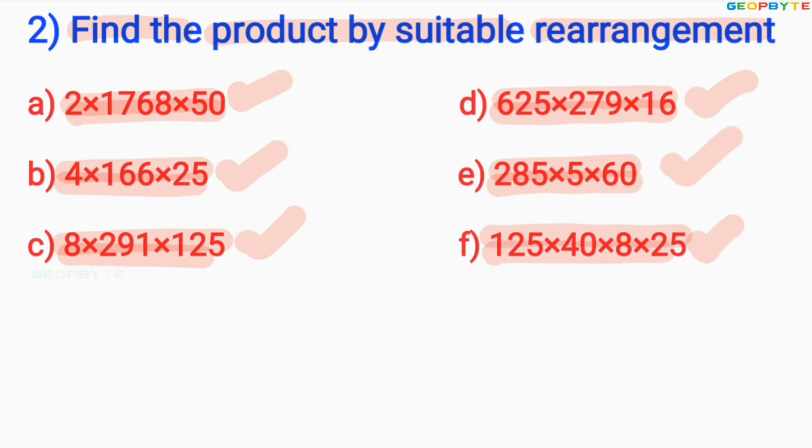First let us take the bit A. 2 into 1768 into 50.